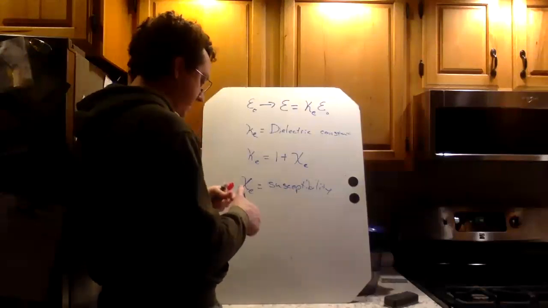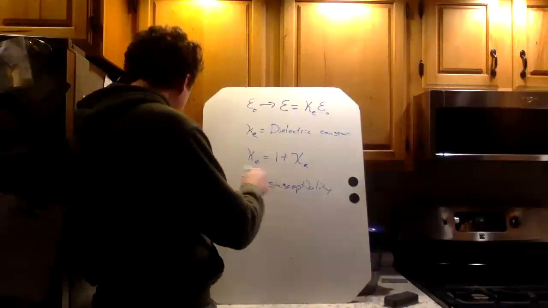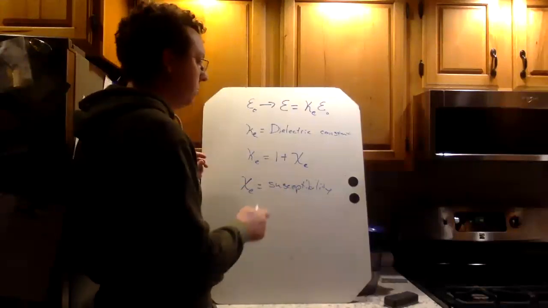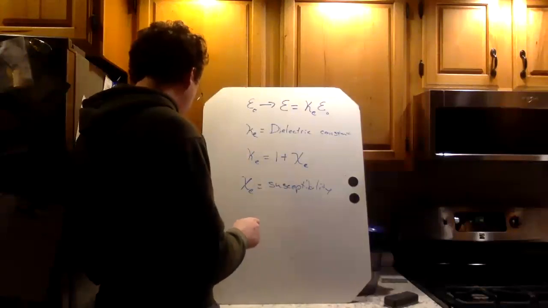I really don't see any point to this. It turns out that chi can be related to the polarization vector.